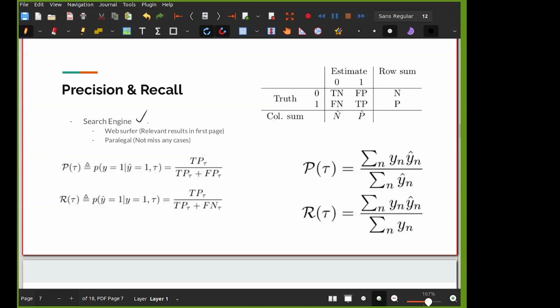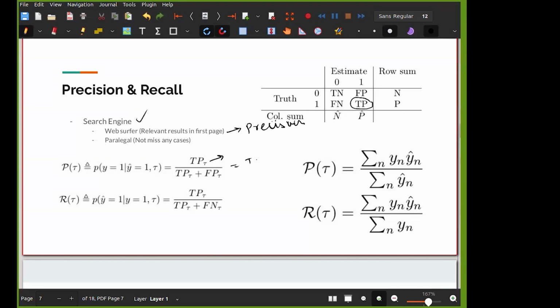And these two use cases are different in a sense that the web surfer case is saying that my precision should be high, right? And the definition of precision is simple. You take true positives, which is just saying that I take all the counts where my true positive class is classified correctly. So I take the true positives and I divide that with true positive plus false positive, right?